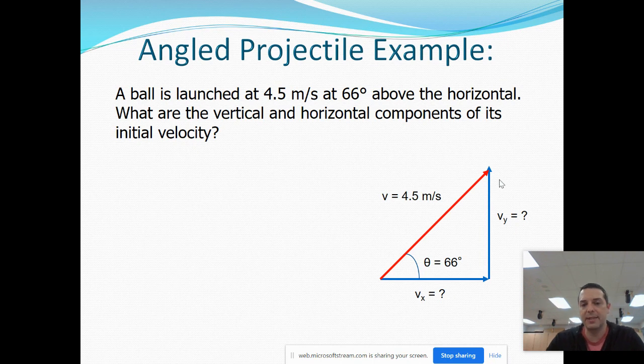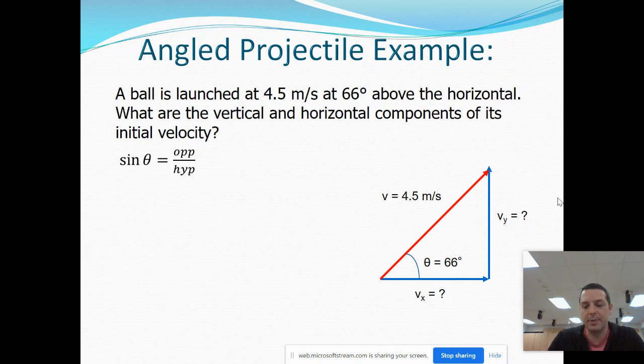So let's go through the process of determining what the vertical component of that velocity is at 4.5 meters per second and 66 degrees. We're going to use the sine function, because sine theta is equal to the opposite side divided by the hypotenuse. Our angle is 66 degrees, and our vertical velocity is opposite that angle.